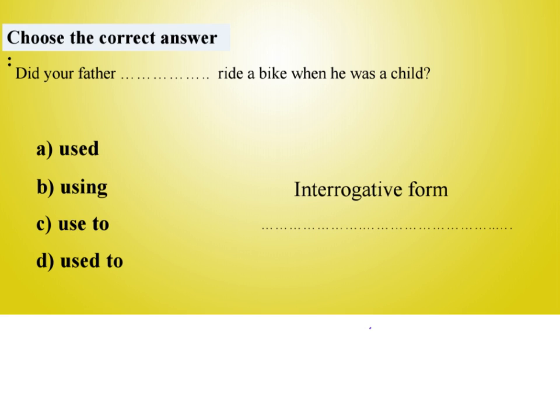Let's have a look at how we use used to in the interrogative form. We use did plus subject plus used to plus the base form of the verb. Okay?